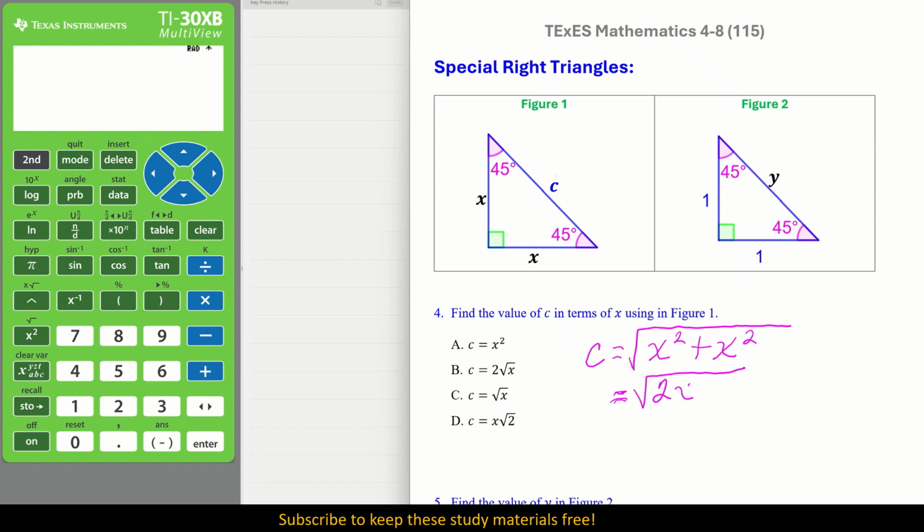So we have 2x squared. Well, isn't there something that we can pull out of the radical? Yes, there is. We can pull x out of the radical, but 2 stays under the radical. Now, that is what c equals, okay? Oh, sorry. I was going to write it the wrong way. Okay, c equals what? c equals x square root of 2.